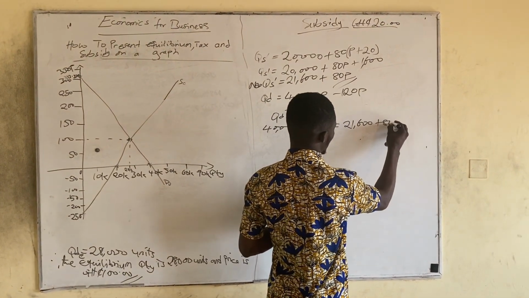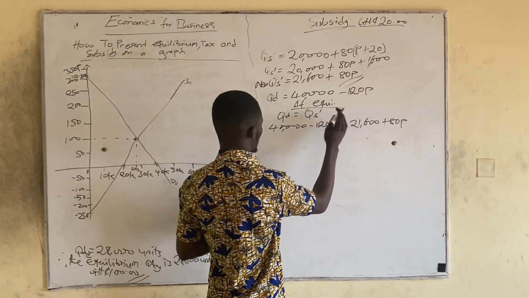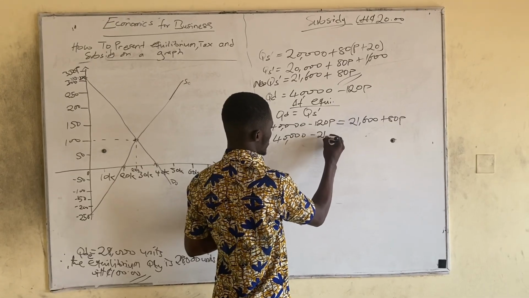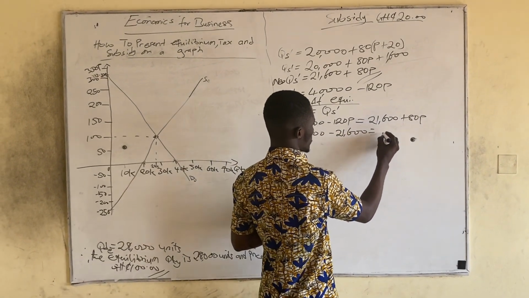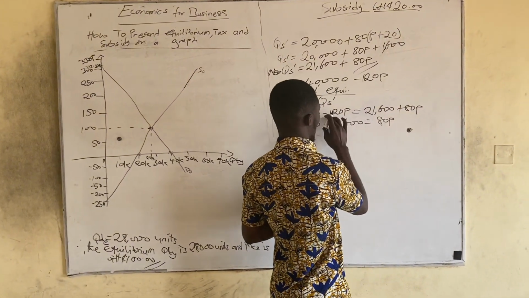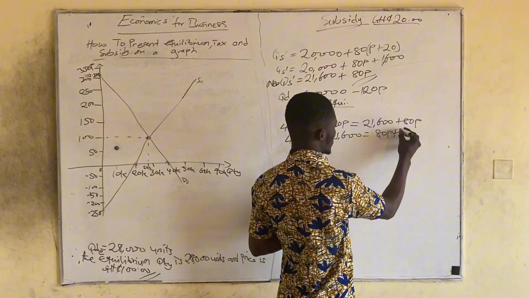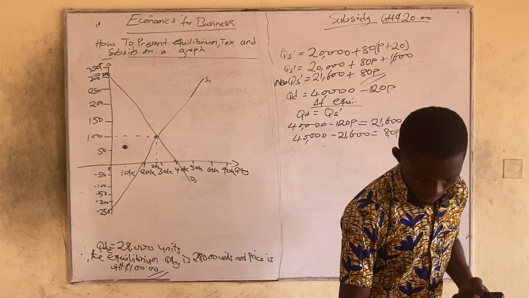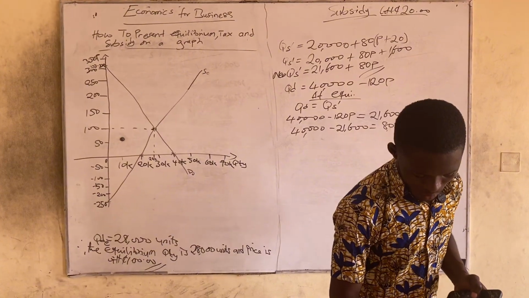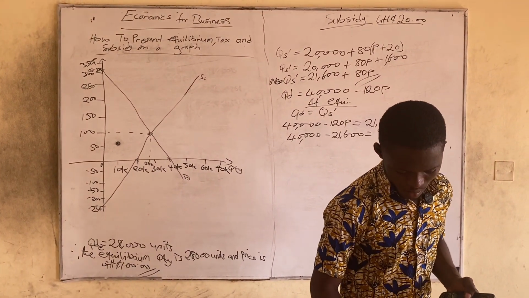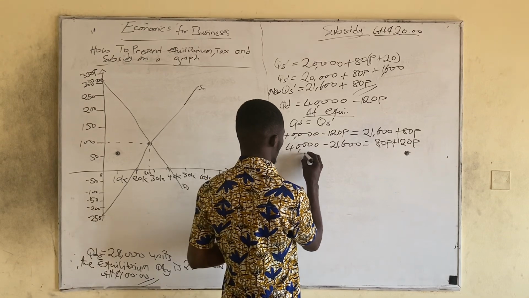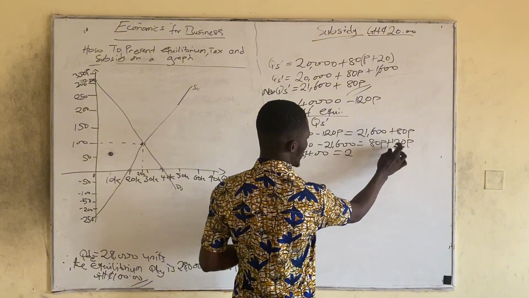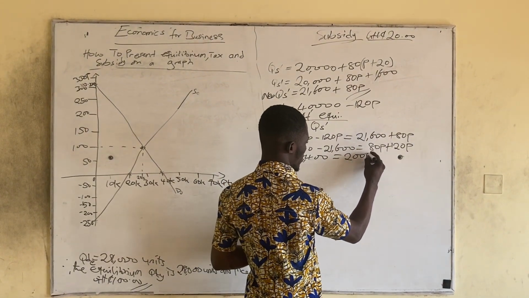We have 40,000 minus 120p is equal to 21,600 plus 80p. Now let's bring this to this side. We get 40,000 minus 21,600 equals 80p, and then the 120p comes over making it positive. 40,000 minus 21,600, we get 18,400, which equals 80p plus 120p, so you get 200p.